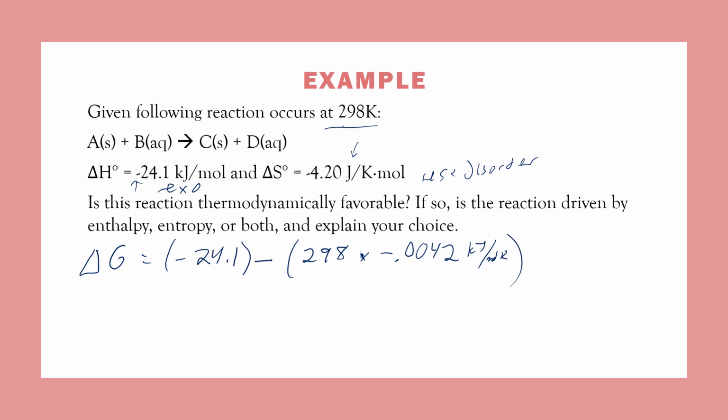So be careful with that. When you multiply and you subtract, you find that delta G is negative 22.8 kilojoules per mole. And that's negative, so yes, it is thermodynamically favorable at 298. That temperature is low enough that the reaction is favorable.